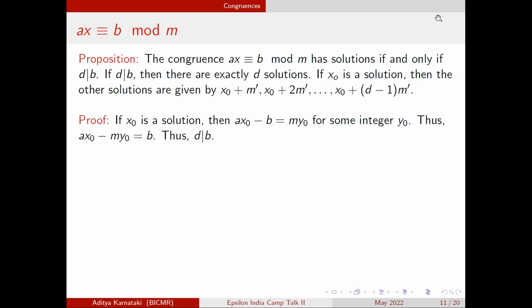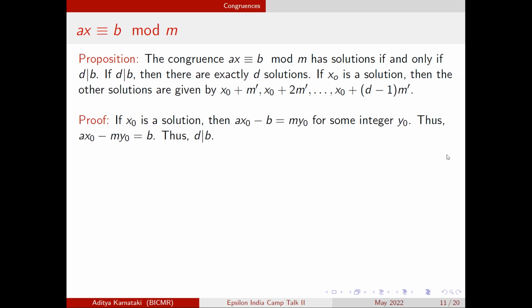So we have to show the first part, that it has solutions if and only if D divides B. Say x naught is a solution, then ax naught minus b is my naught for some integer y naught by definition. Right? Ax0 minus b is congruent to 0 mod m, so this is my0.